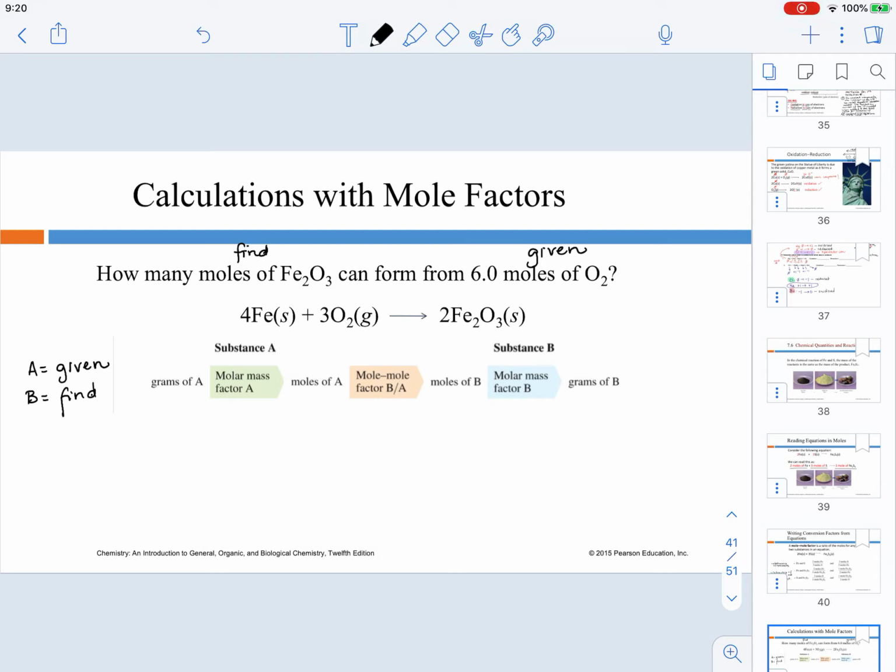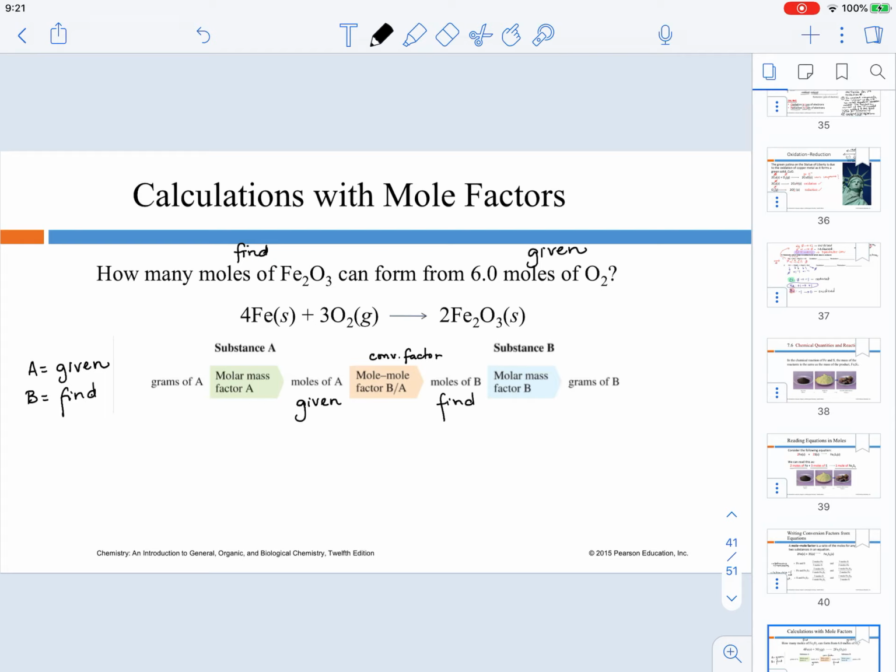So in this case, because you start at moles, understand that moles of a substance was given, you need to find the moles of the other substance. So in order to do that conversion, so these are the conversion factors, you need to utilize the mole to mole factor.